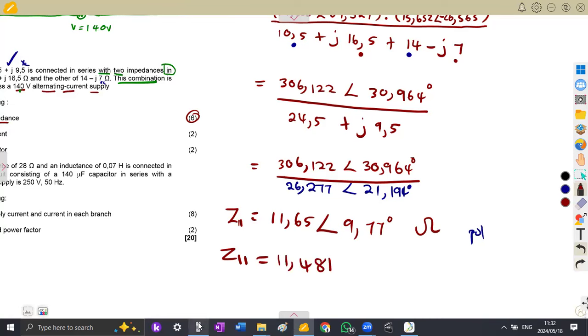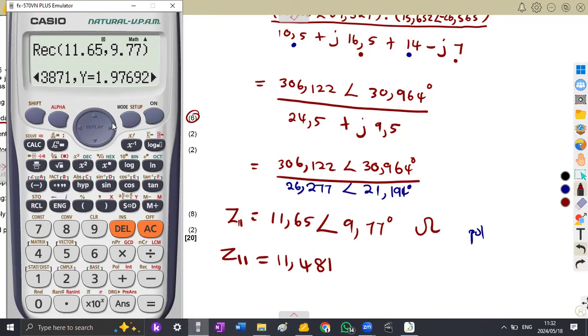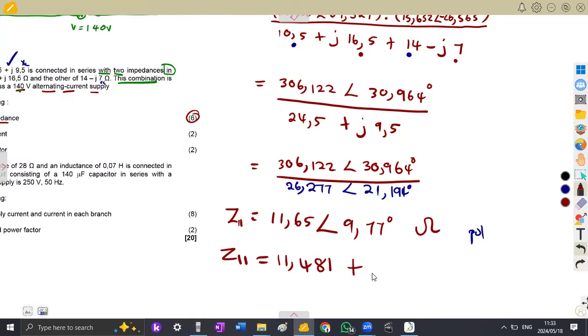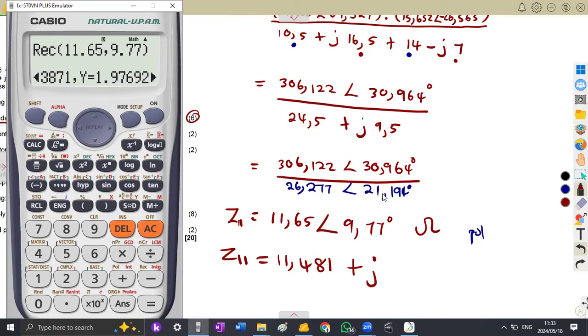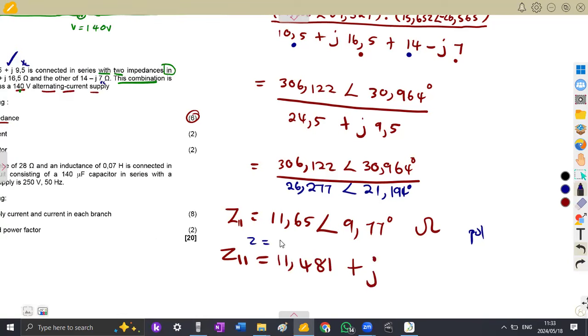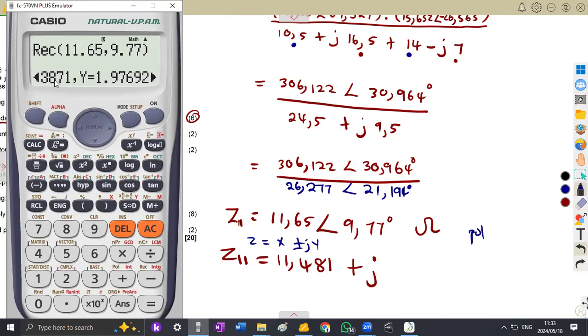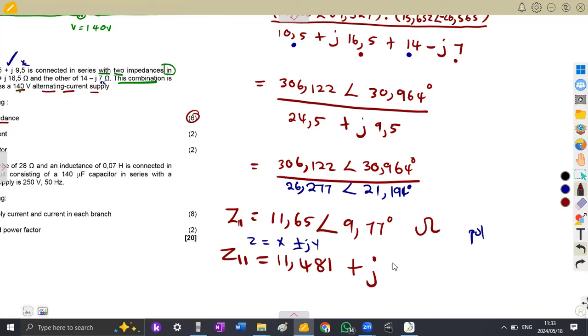Then we have to check the Y. Is it negative or positive? If it is positive, that is positive J. Remember, Z is equal to X plus or minus JY according to your calculator. So that will be 1.977 ohms. So this is just another format, which is the rectangular format.